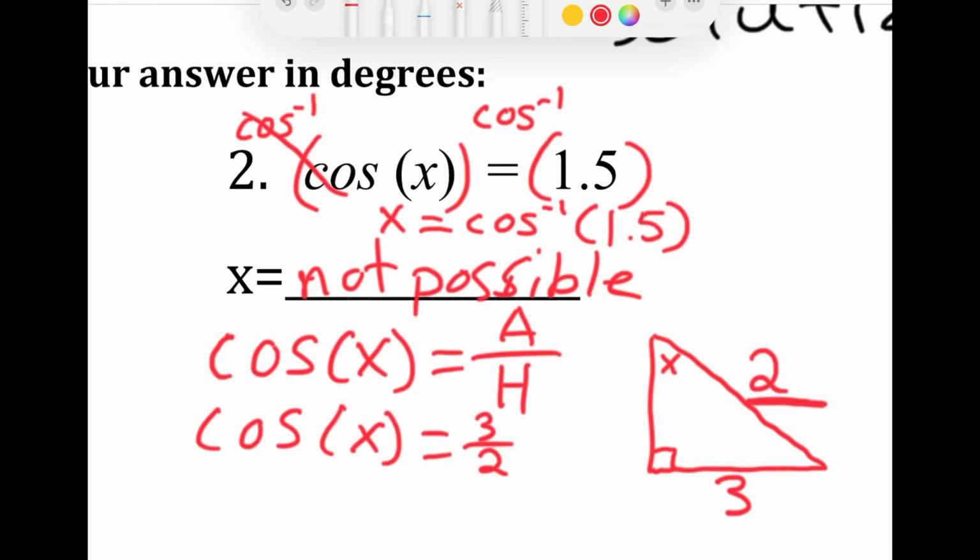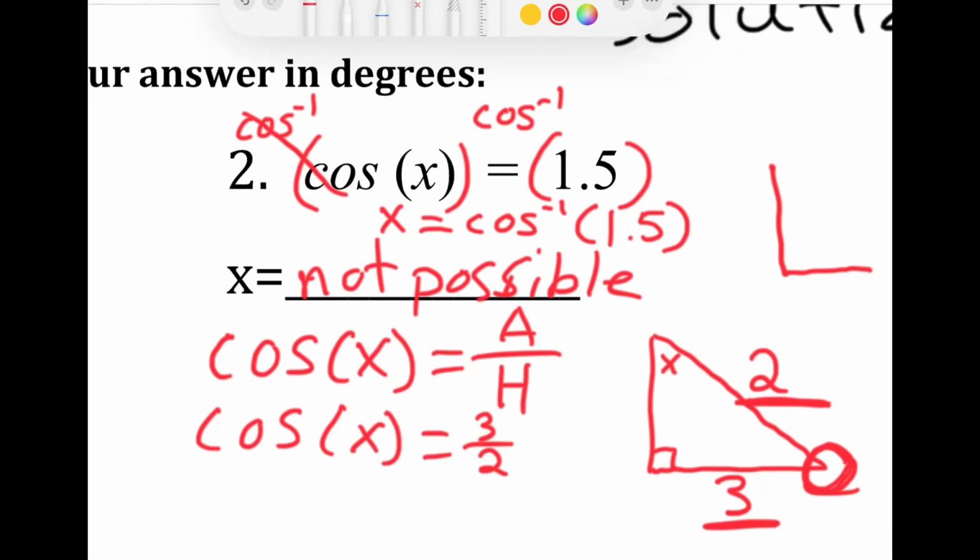Our hypotenuse always has to be the biggest side, or the longest side. So if one of our legs is bigger than our hypotenuse, then it is not a proper triangle. Physically, what's going to happen is that these two sides would not meet, and it would not be a closed figure, so it would not be a triangle.